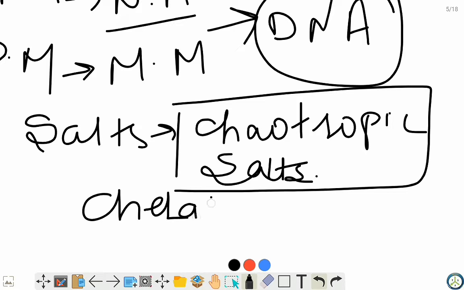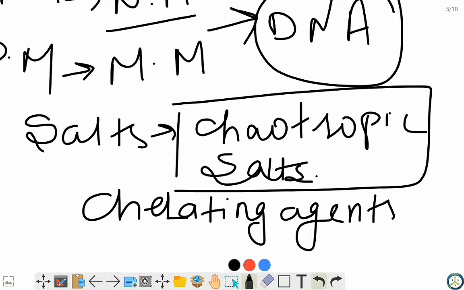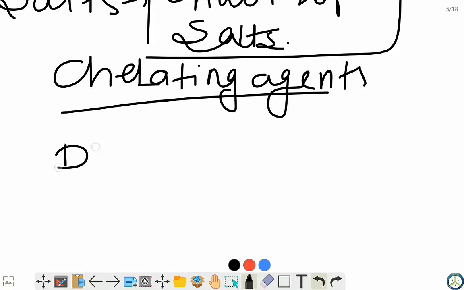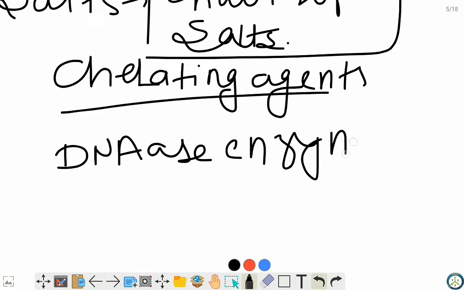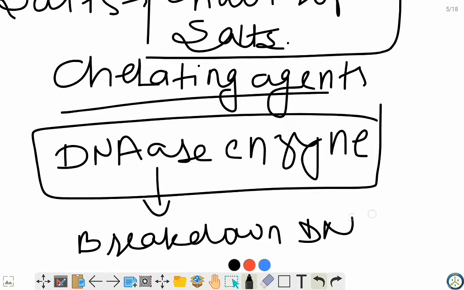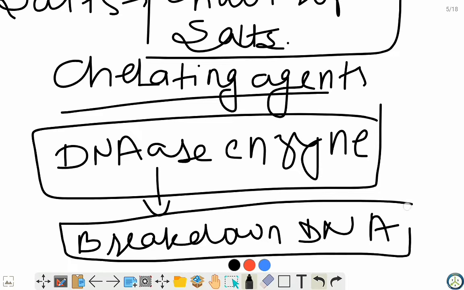These salts act as chelating agents. They can inhibit the activity of the DNase enzyme, because DNases can break down the DNA which we are extracting from the cell. Clear?